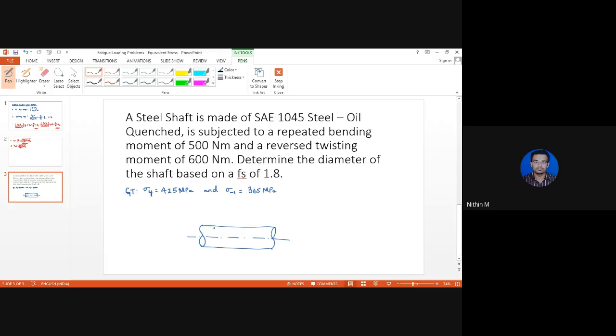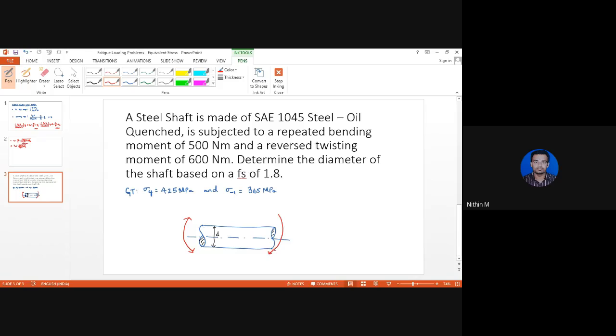So what is it that we need to determine? We need to determine the diameter of the shaft. So whatever equation we develop until the end of the problem will be in terms of d, where d is the diameter of the shaft. The shaft is subjected to a repeated bending moment of 500 Newton meter. This is the bending moment, right?